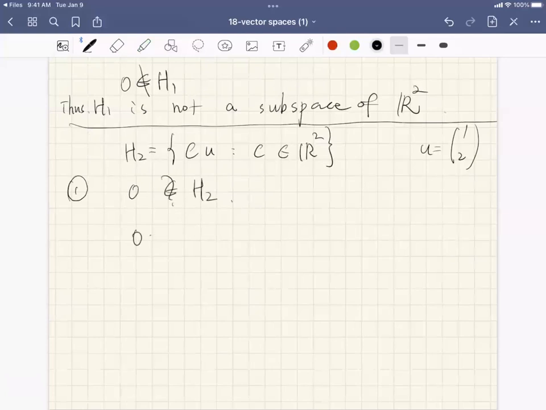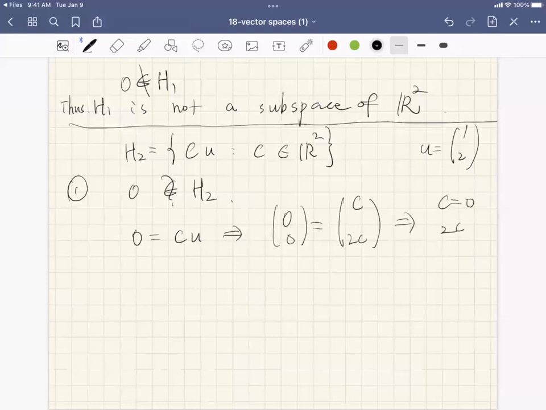So if 0 is in H2, then that means (0, 0) equals (C, 2C). And that means C equals 0. So that means 0 is in H2. So yes.